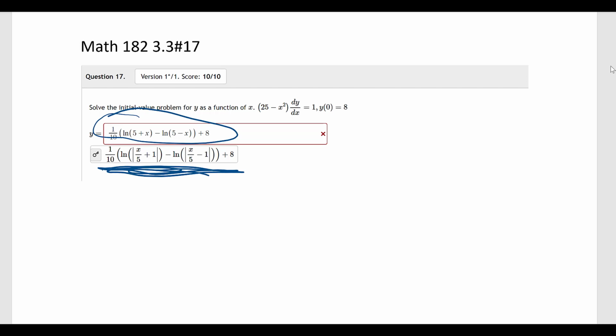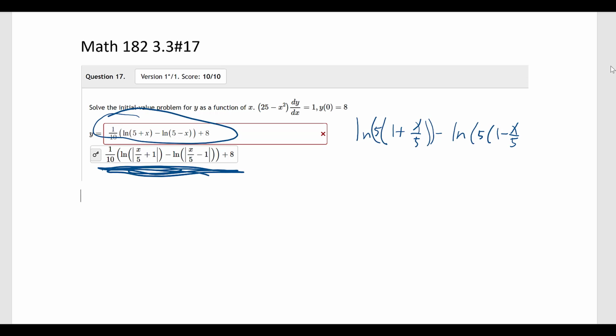And the big deal is, and I worked it out, that if you were to take the 5, divide a 5 out of here and a 5 out of here, you end up with a natural log of, for example, 1 plus x over 5, minus times 5, minus natural log of 5 times 1 minus x over 5.